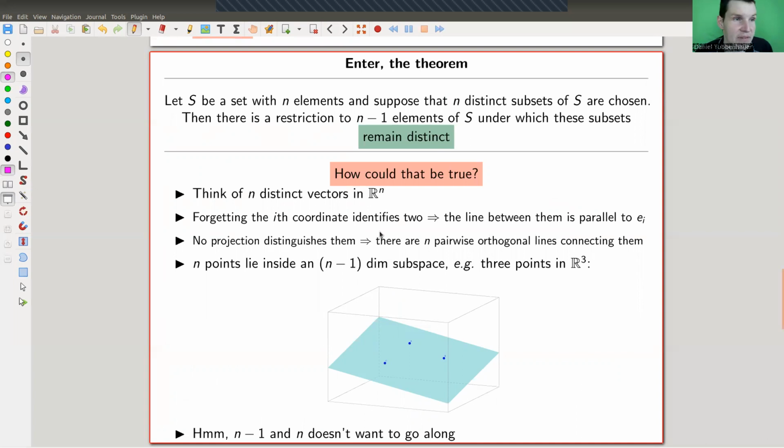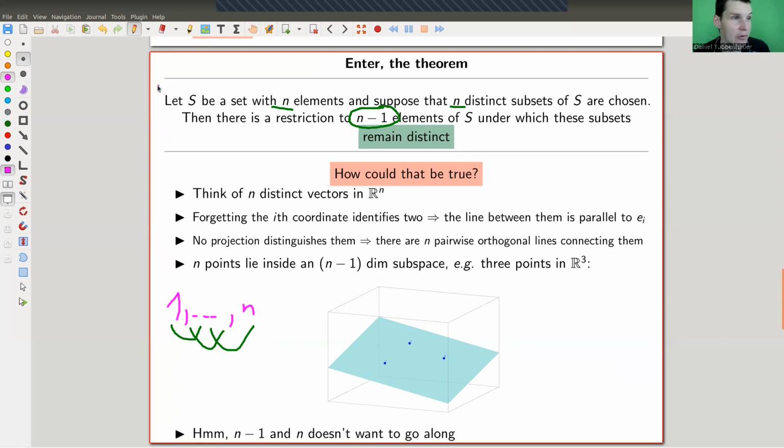So if you have a set with n distinct elements, this is the most basic version of it, just a set with n different elements. So let's say you have the set 1 to n, and you choose n distinct subsets, whatever, those. So the point is here n and n collide, then you can always restrict the subsets to a smaller set, n-1, and whatever you have chosen remains distinct, right?